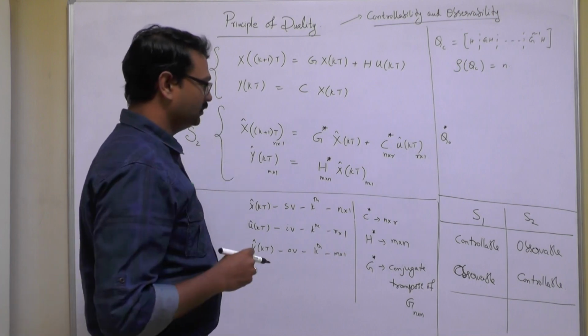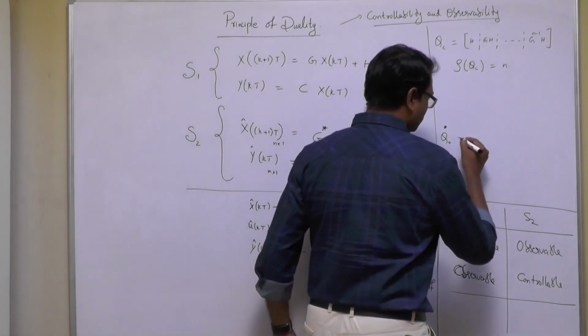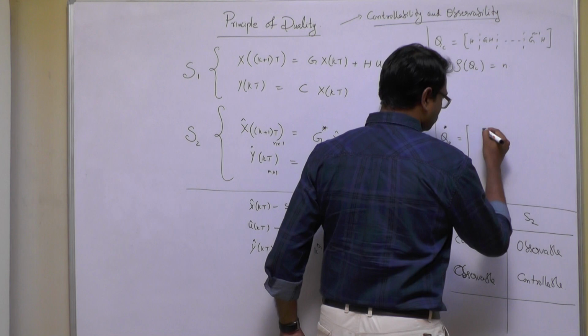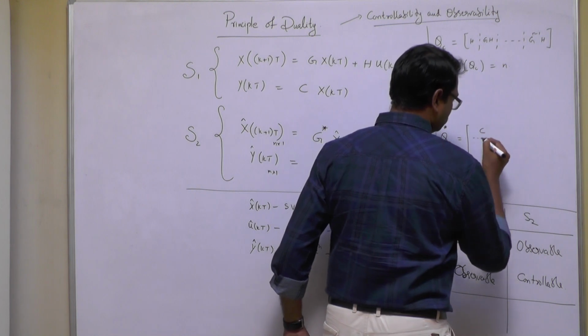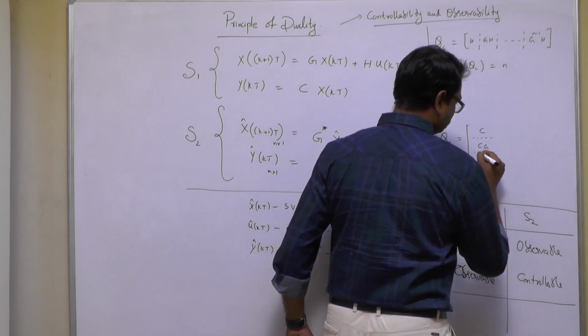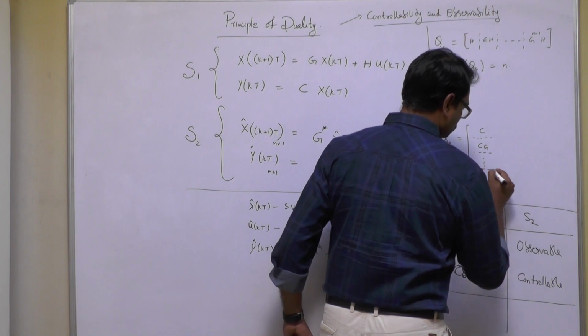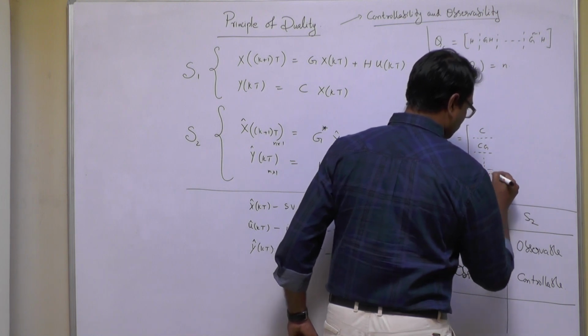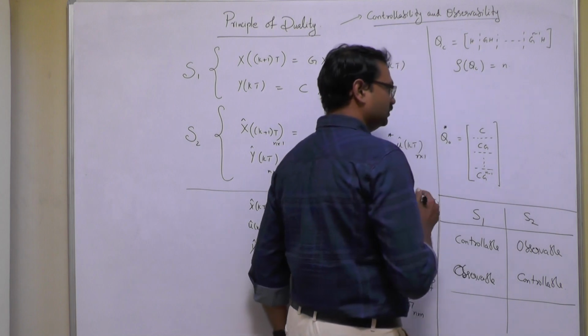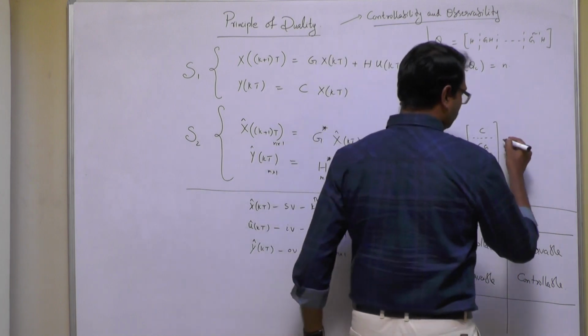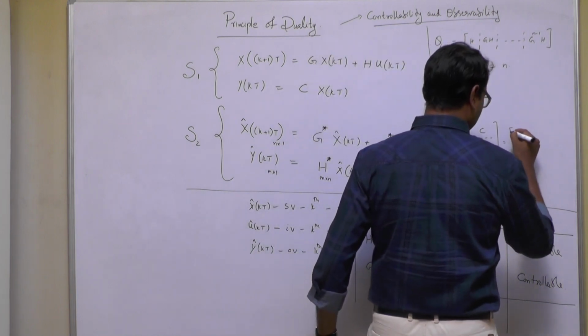for Q naught, you can say this, C, CG, up to CG power n minus 1. The rank of this must be equal to n, or this can also be considered in this form.